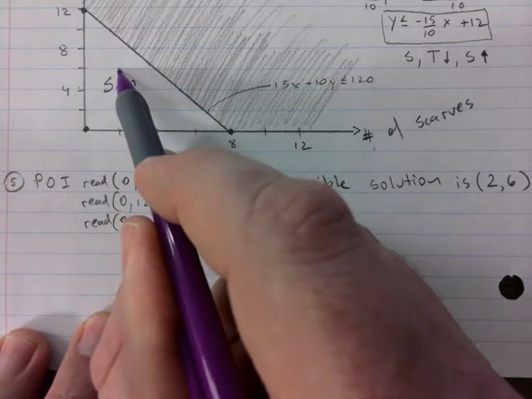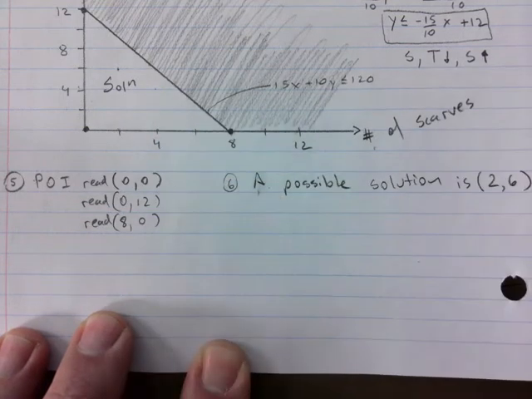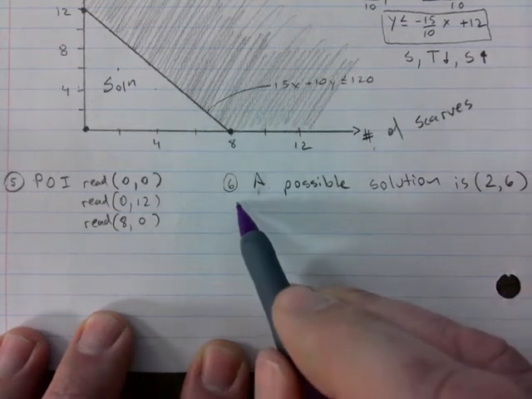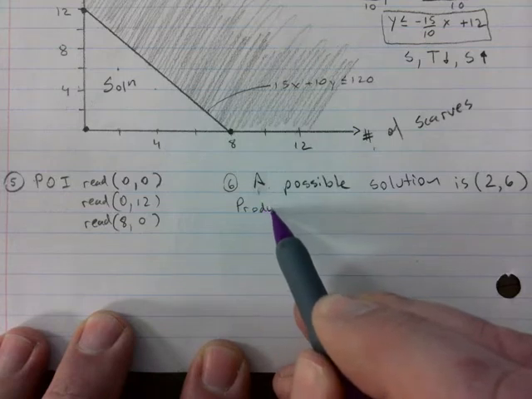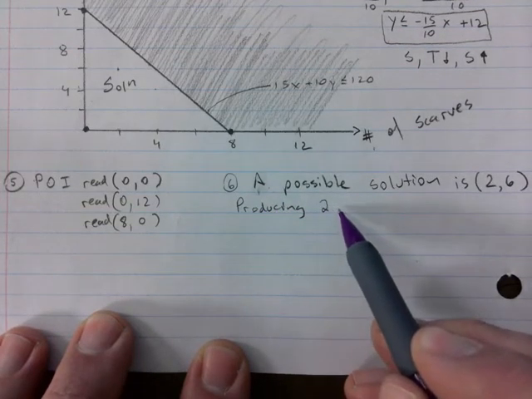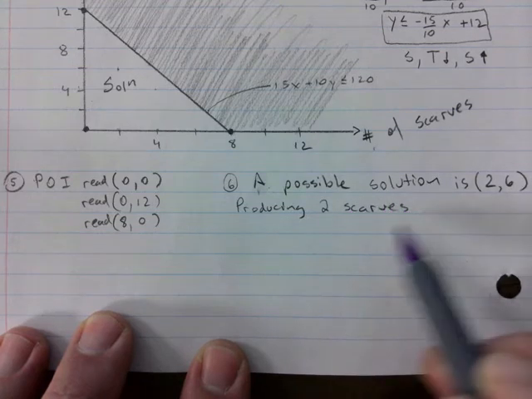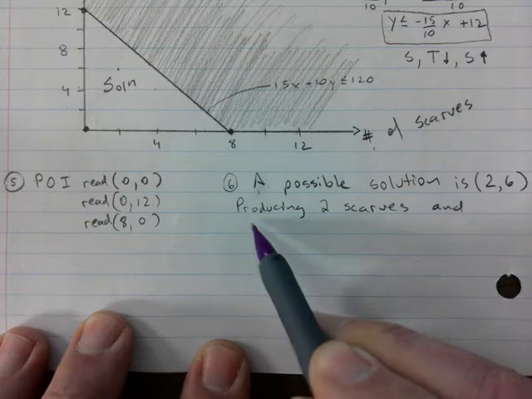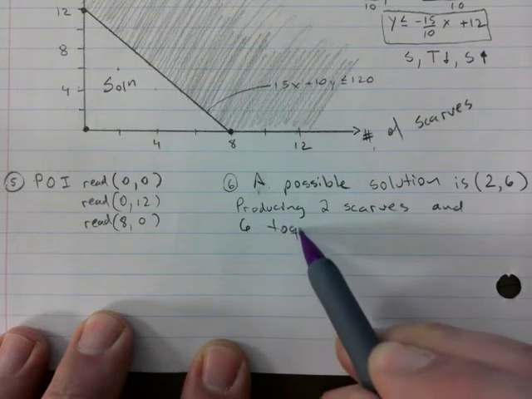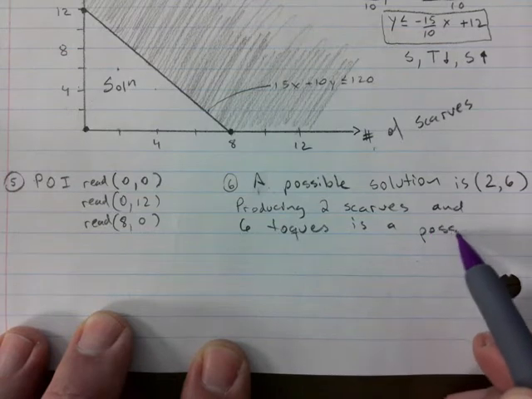It's definitely in the solution region. 4, 4 would have worked as well. So what does that mean, right? Producing, this is where you need to have a statement. 2 scarves and 6 toques is a possible solution.